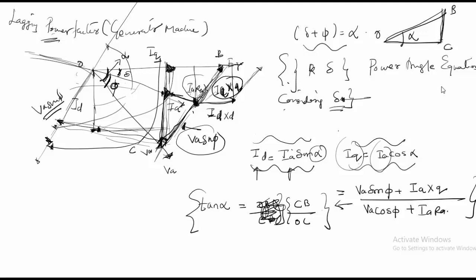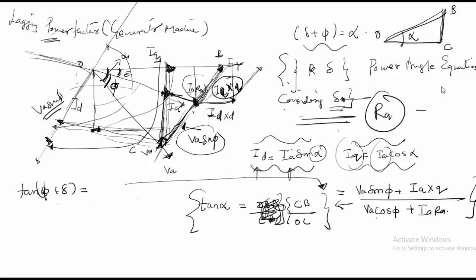So this is what will give me my tan alpha, and my tan alpha is equal to tan of phi plus delta. Again, if you know your phi, then it is possible to calculate your delta from this equation. So this is how you can find your delta by considering the resistance Ra.